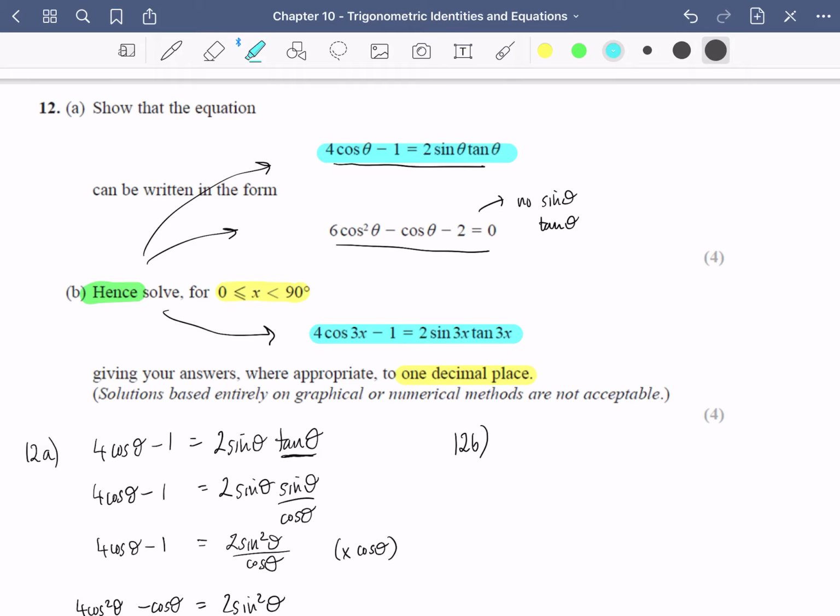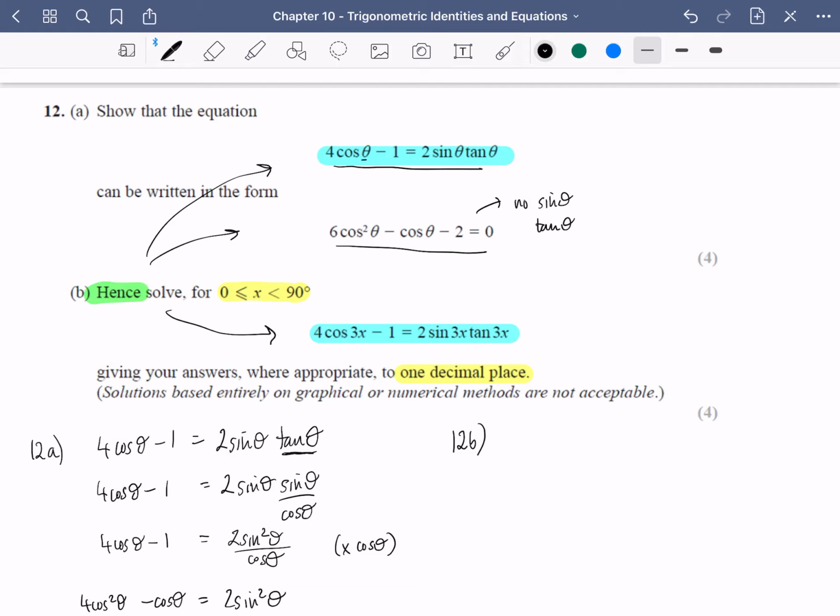They look exactly the same, apart from in this one, there is a theta here, here, and here, whereas in this one, the argument is 3x here, here, and here.